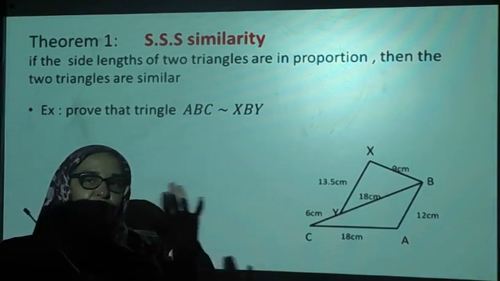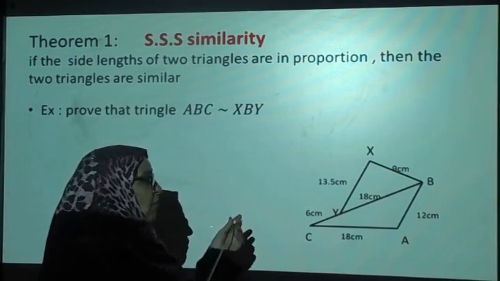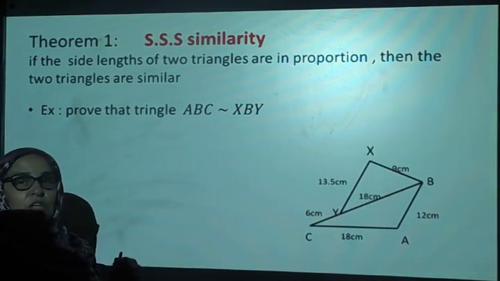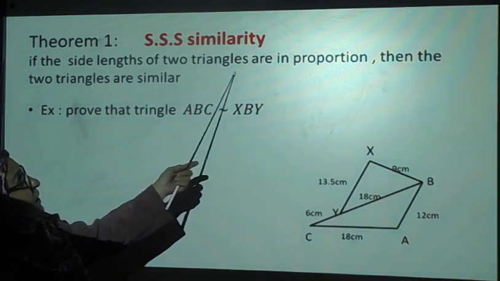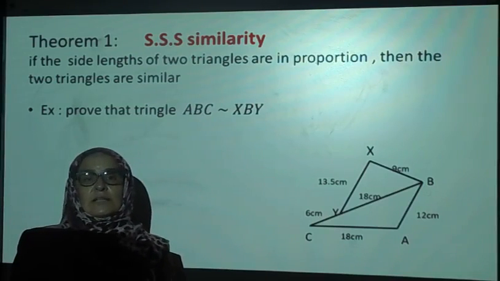Whenever you have a similarity problem and you have side lengths like here, we are going to try to prove that our two triangles are proportional concerning their side lengths.